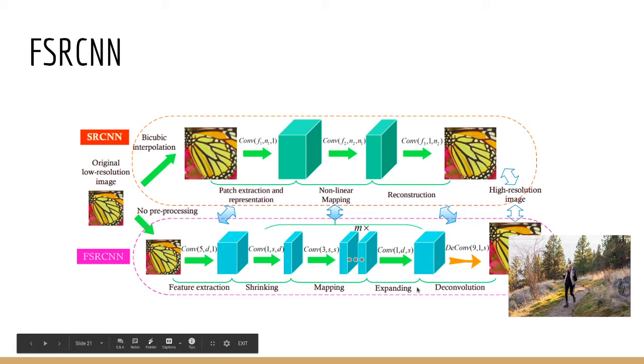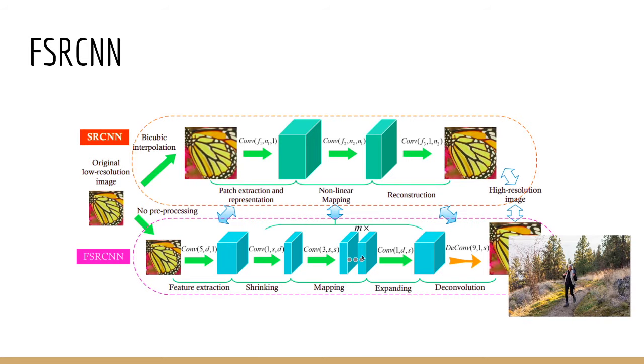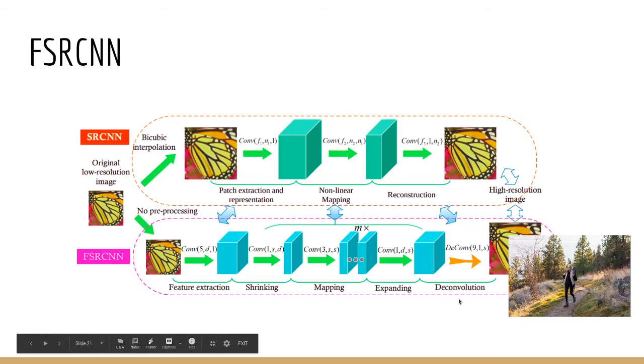This expanding is effectively a transpose convolution or a deconvolution, depending on how you would implement it. And then the reconstructed features are passed through a deconvolution operation, and the high resolution image is produced.